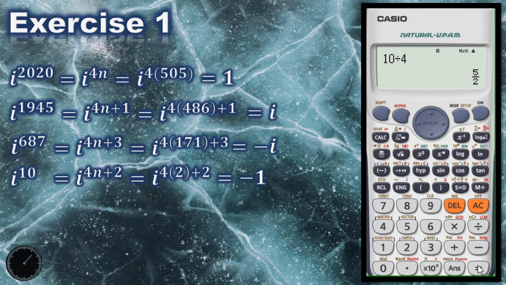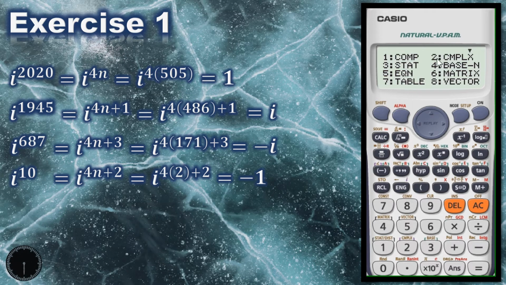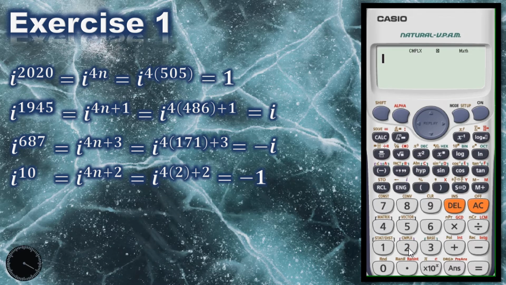Okay, there is another method. We can use Mode and 2. Now we can use the ENG. It will give us the i and give it power 2020, it will give us 1. Then we reset ENG to give us i power 1945, it will give us i.